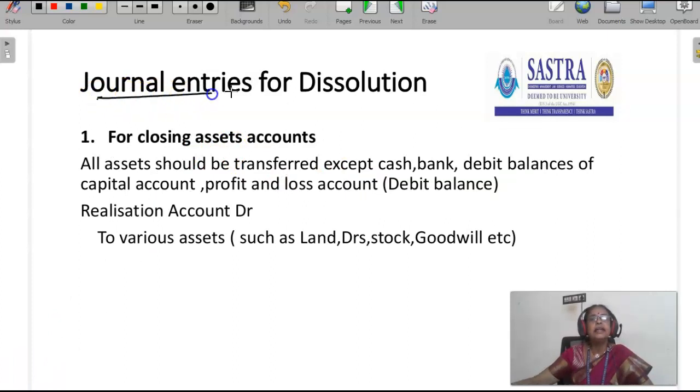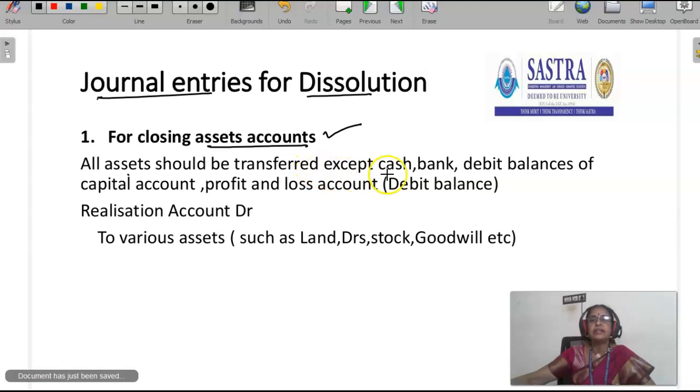Let's see the journal entries for dissolution. First, they have to close the books of accounts because they are not going to continue their business. So they have to close all the assets and liabilities, capital, reserves, all the items in the balance sheet. First let's see the asset account. How are they going to close the asset account?